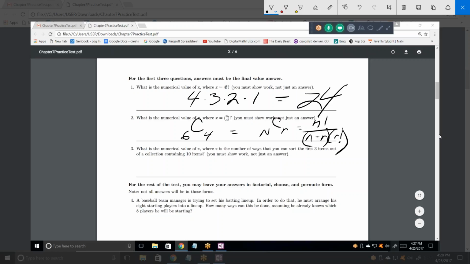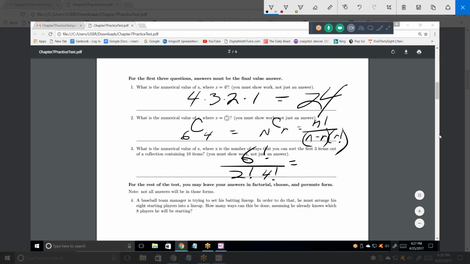So if we're going to do 6 choose 4, then it's going to be 6 factorial divided by 2 factorial times 4 factorial.